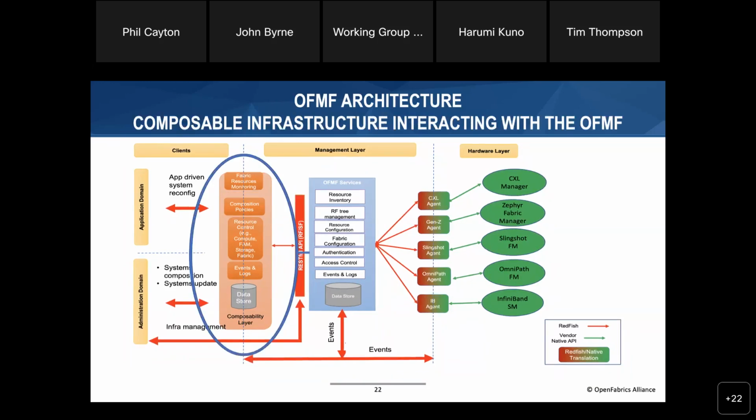And then, of course, on the left side, we have the composability layer. It's checking the events. It says, oh, I see a new fabric. I see new resources that are available to me. If I get a client that wants to subscribe to resources that fit that category, it'll be able to do that.